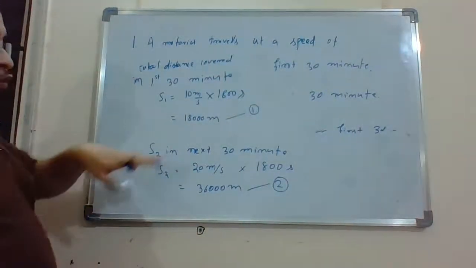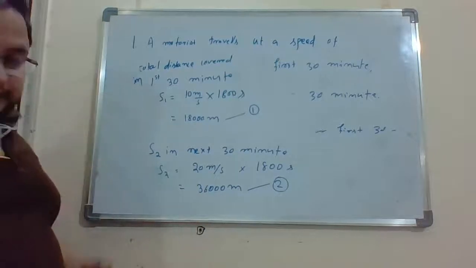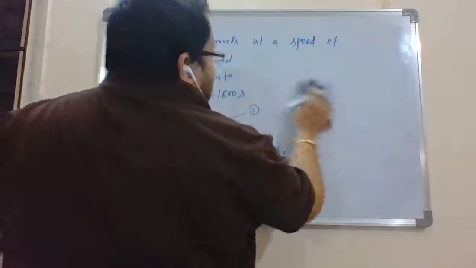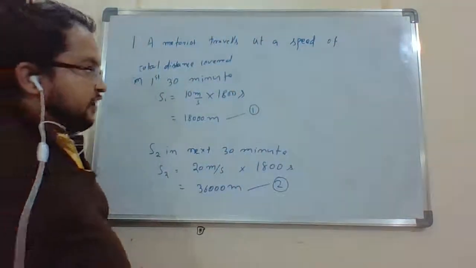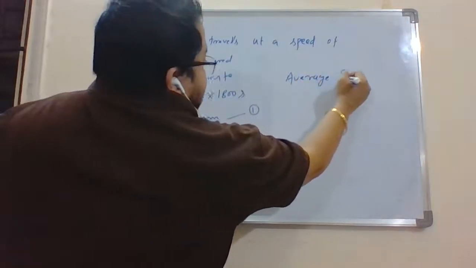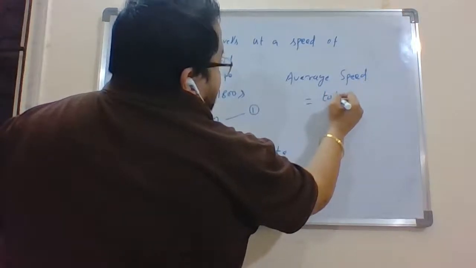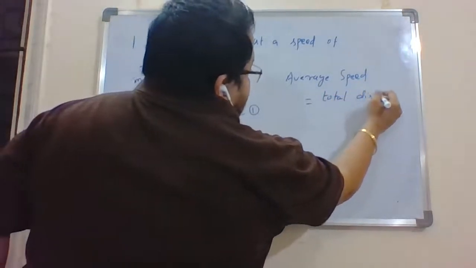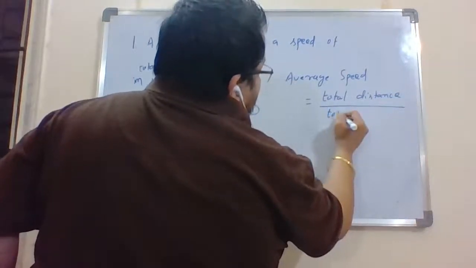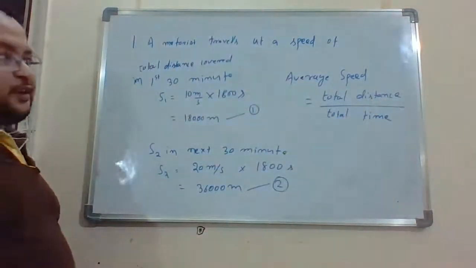Now I can find out what is the total distance traveled. We are finding average speed, not velocity. Okay, so to find out the average speed, so now I can say average speed would be total distance covered by total time elapsed or total time taken, right?